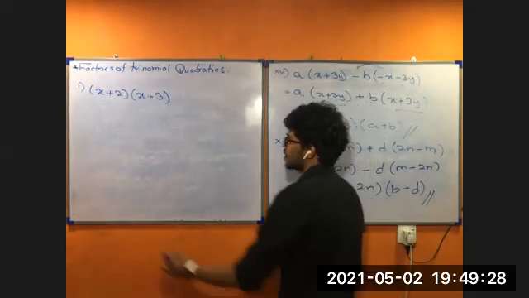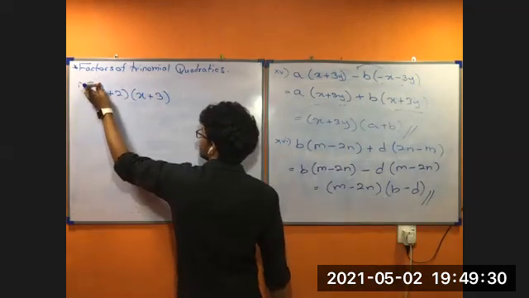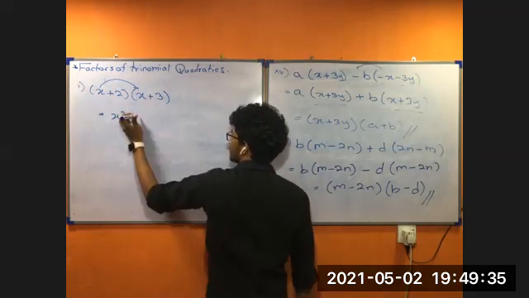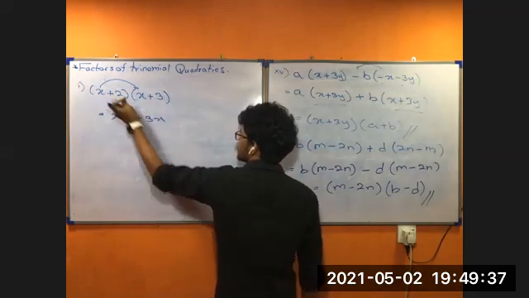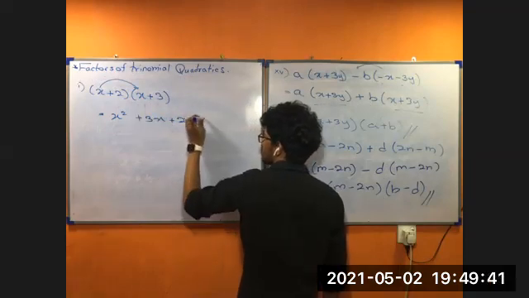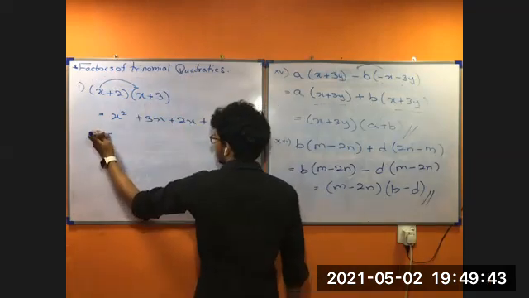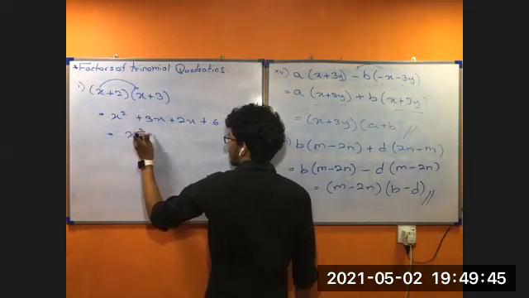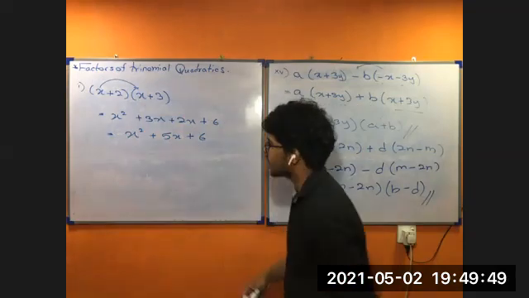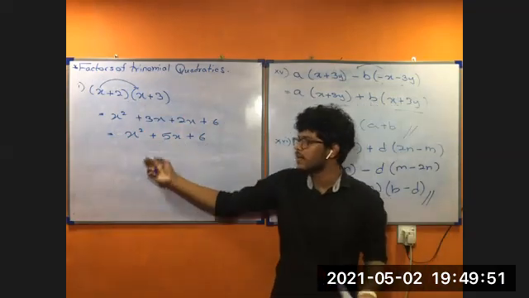Under binomials, we learned this one times this one, x squared. This one times this one, plus 3x. This one times this one, plus 2x. This one times this one, plus 6. So that gave me x squared plus 5x plus 6.